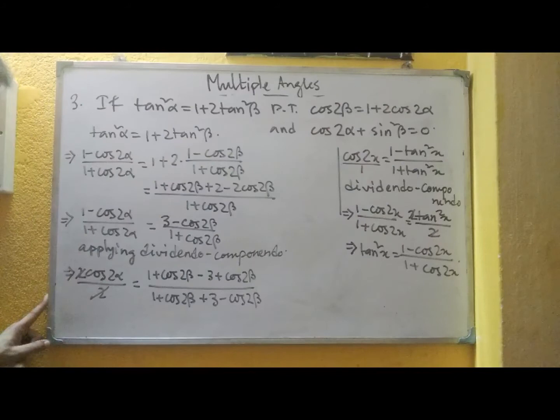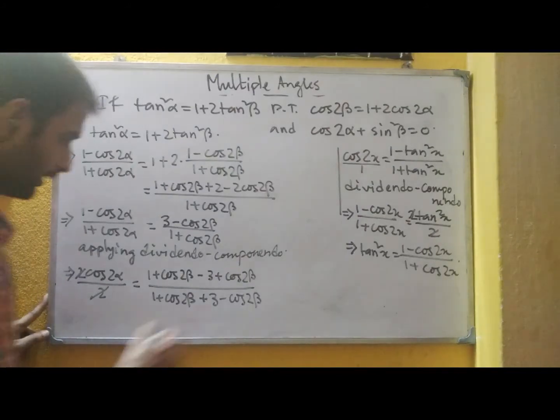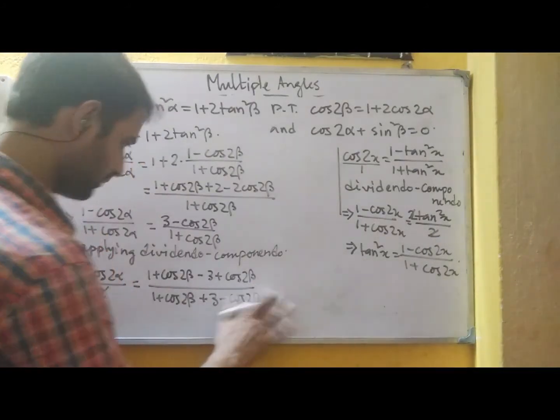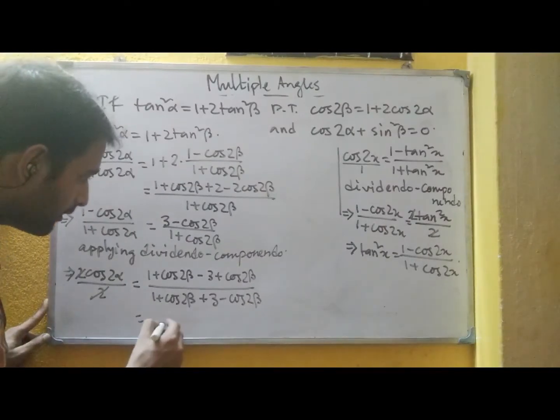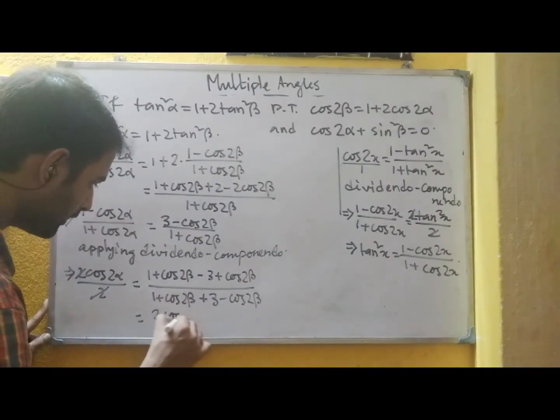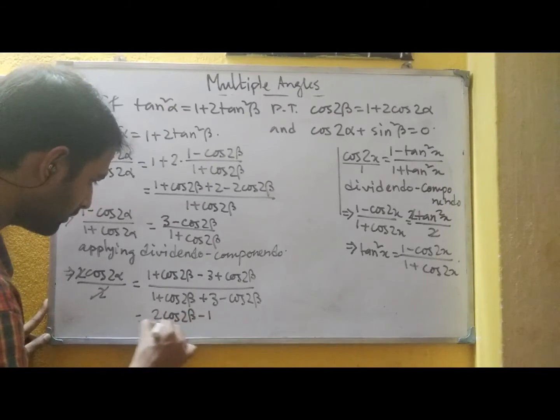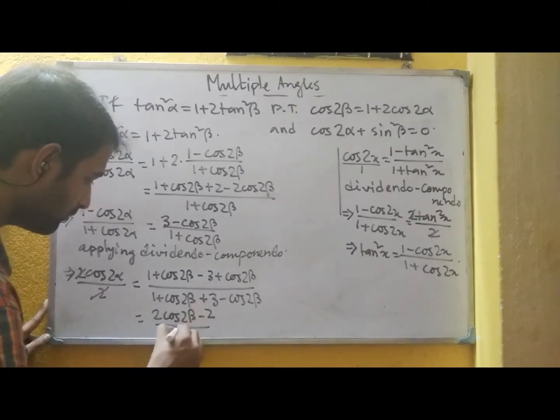So here it is cos 2 alpha in the left hand side, and in the next line, it is 2 cos 2 beta minus 2 by 4.